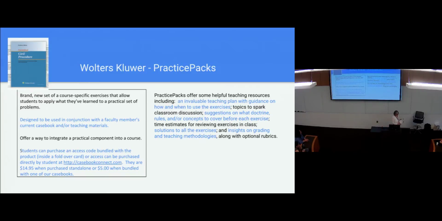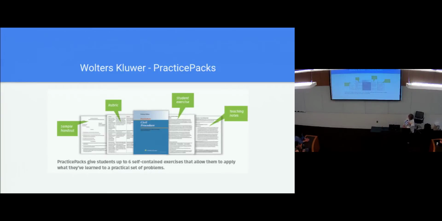They're just beginning, and here's what it would look like: rubric, sample handout, student exercise, teacher notes. They're beginning to get different topics. They don't have a full array now, but they're working on different topics. So that's 3 different course materials.